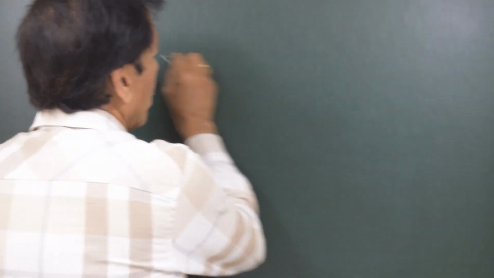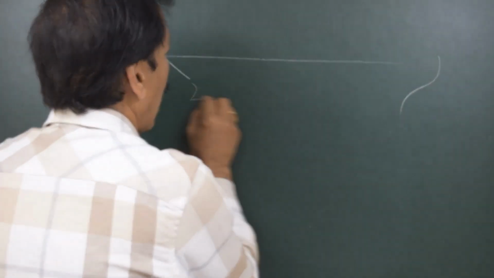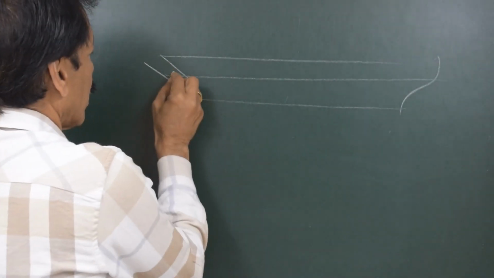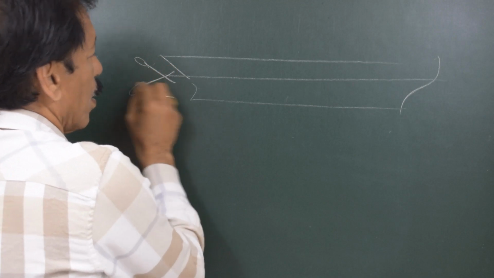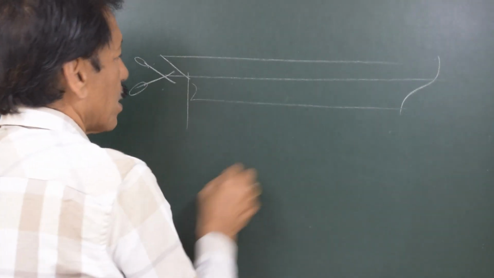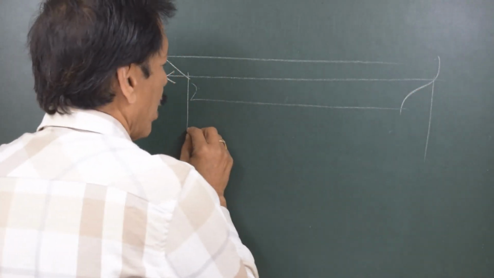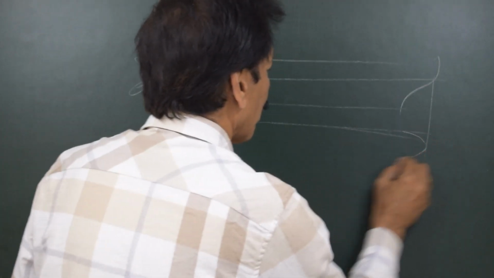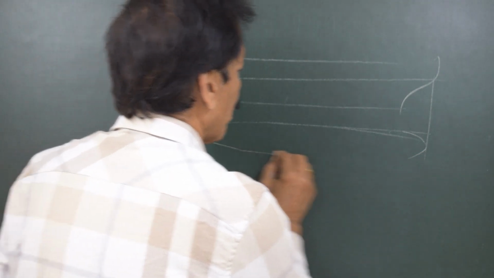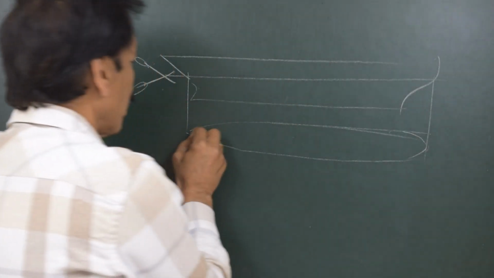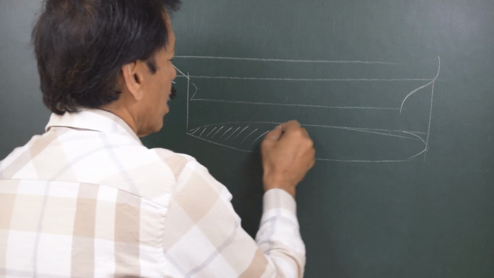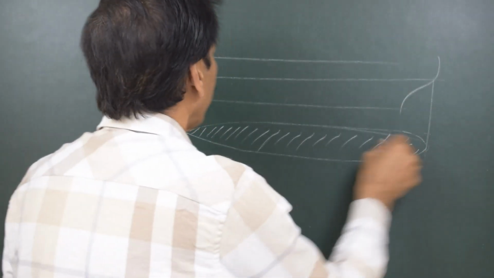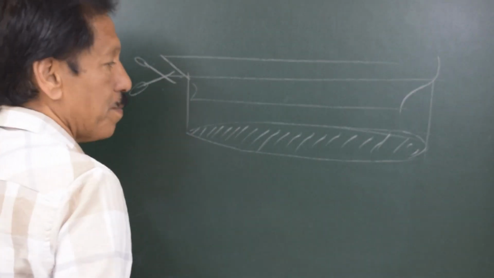Suppose here's a ship and this is the water level, and if I cut the ship along the water plane, I'll probably get a shape like this. Right? So this is the water plane area at this draft, right?